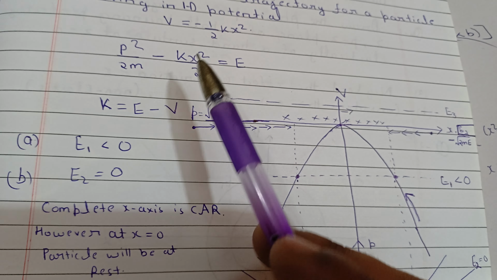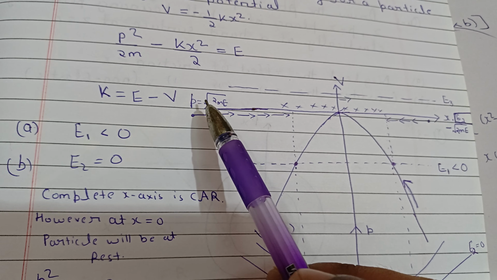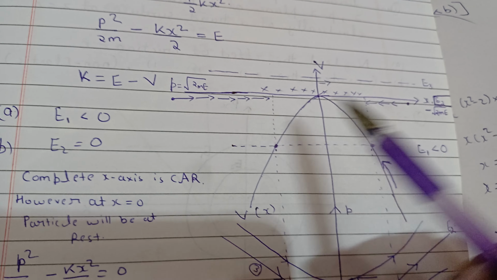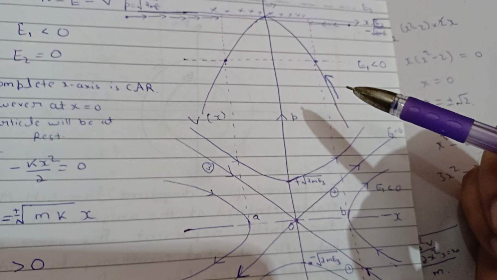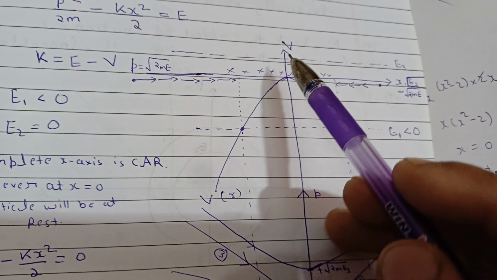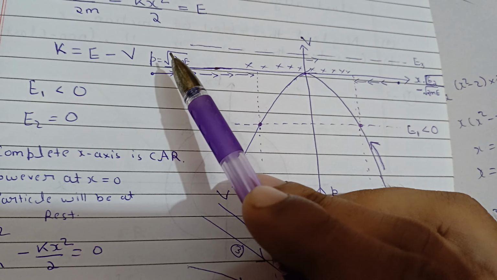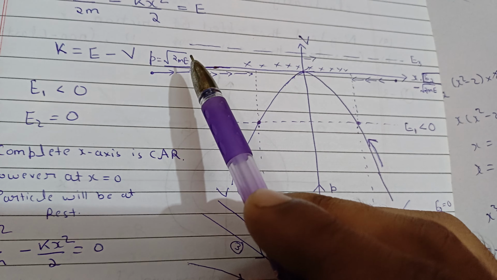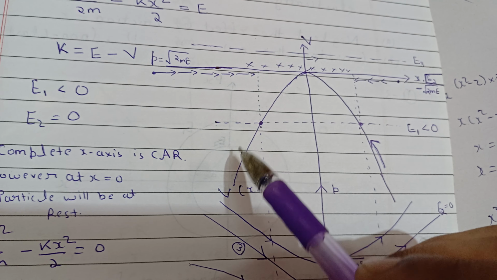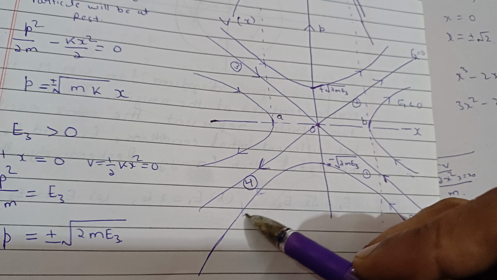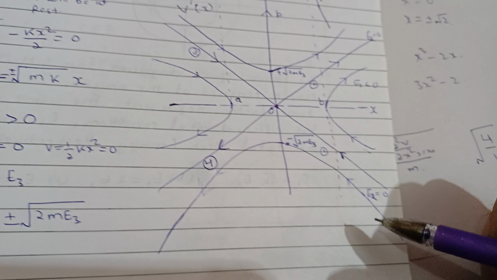So substitute here and we get P equal to root 2mE, and because of this direction, the momentum will be minus. And after this, if it still has some momentum, it will go forever in this direction. In this direction momentum is increasing because of decreasing potential energy. So this curve will go like this. Okay, so this will be our plot.